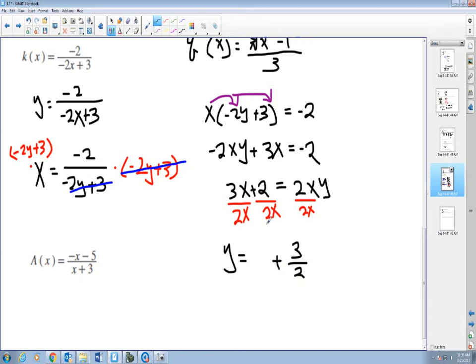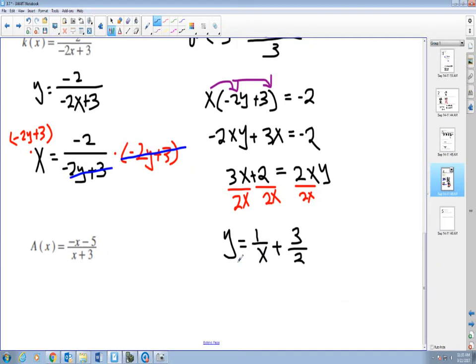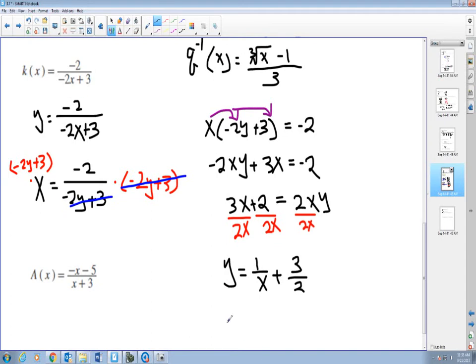And the positive 2 over 2x, the 2 canceled out, so that'll be 1 over x. That would be the simplified form. Change my y equals back to k inverse of x. So k inverse of x will be 1 over x plus 3 over 2.